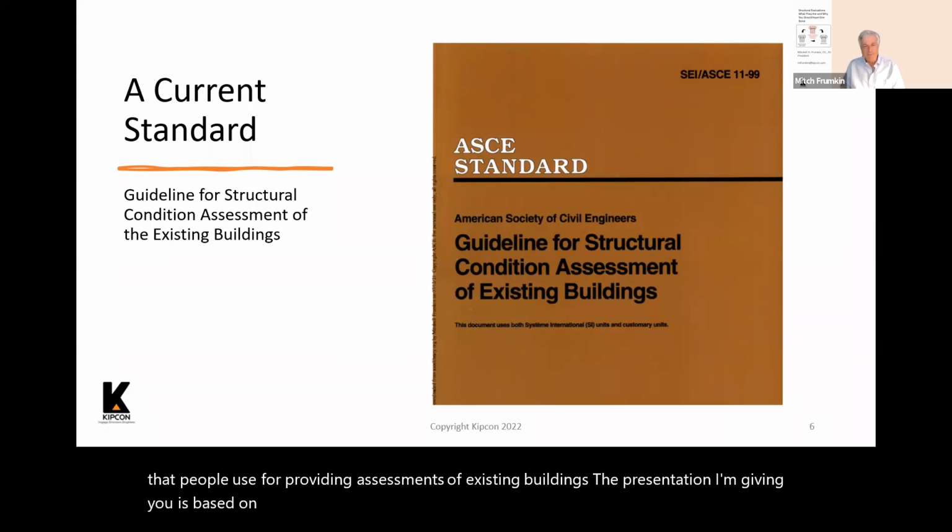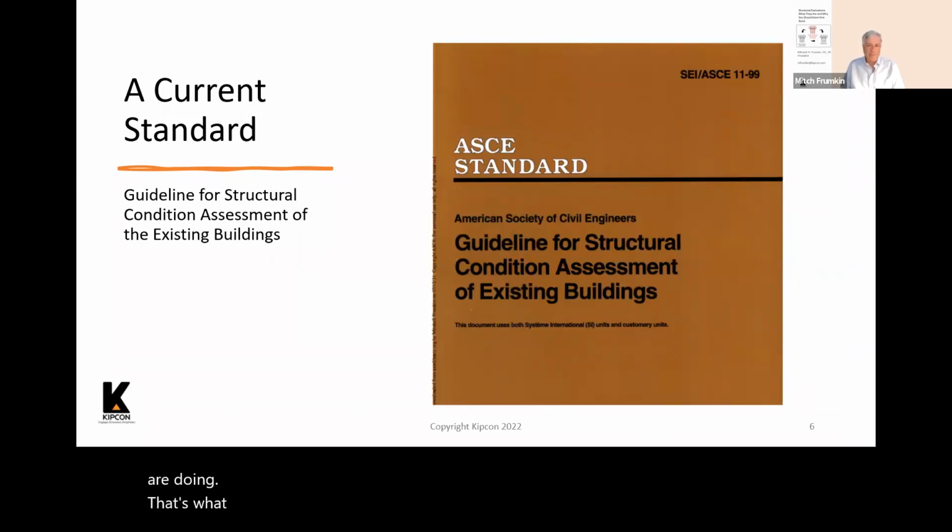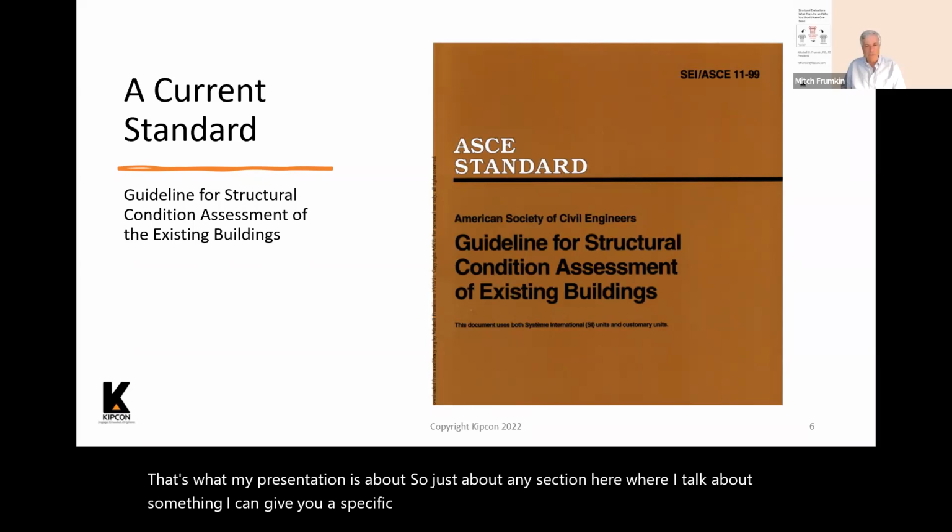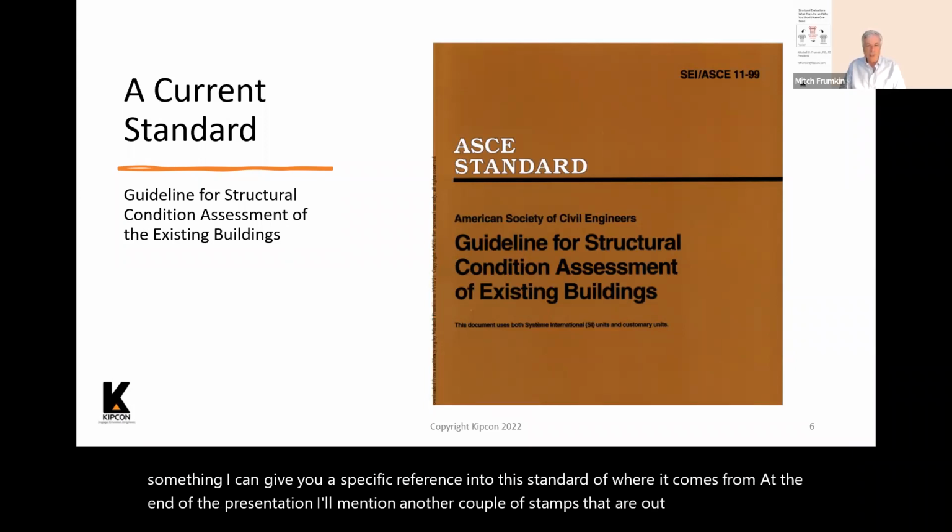There's a huge amount of information in here, but in terms of what we are doing, that's what my presentation is about. So just about any section here where I talk about something, I can give you a specific reference into this standard of where it comes from. At the end of the presentation, I'll mention another couple of standards that are out there, but this is the primary one in this country.